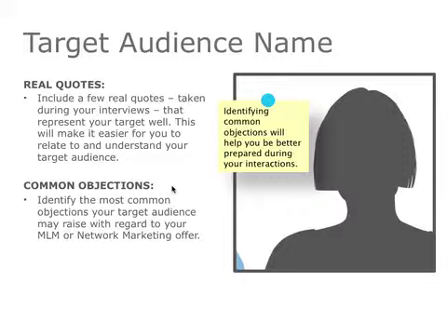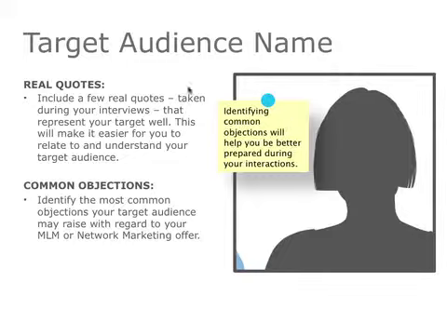Next, common objections. Identify the most common objections your target audience may raise with regard to your MLM or network marketing offer. Okay, back to the post-it. Identifying common objections will help you be better prepared during your interactions with your target audience.